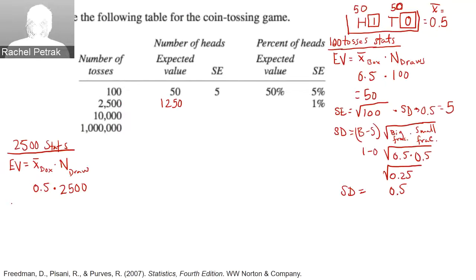And our standard error, remember the box is still going to have the same standard deviation. The standard deviation is not specific to 100 draws. This is just the standard deviation for this box.